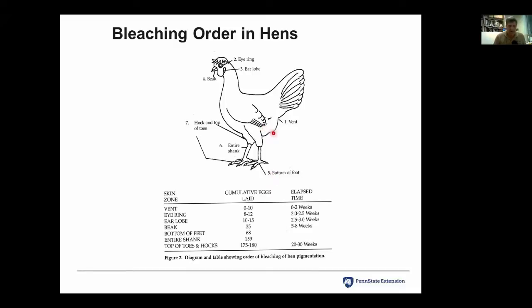So bleaching is a good indicator of whether you have had a productive hen in the past within your flock or not. If I have to make a decision to cull between a bird that's carrying a lot of color in its body versus a bird that's very well bleached, I'm going to continue to pick the bird that's well bleached to keep in my flock, simply because her body is well conditioned and able to sustain lay a little bit better than the bird that is pausing too often.